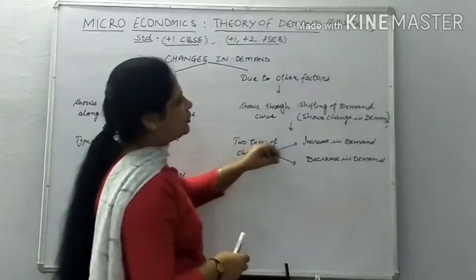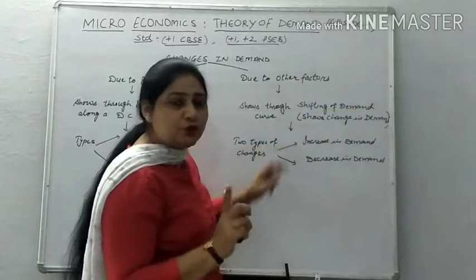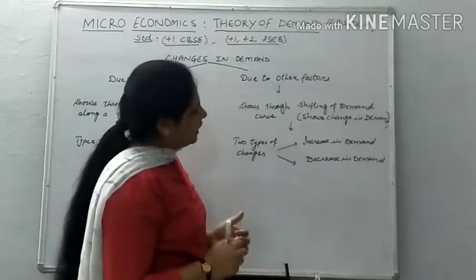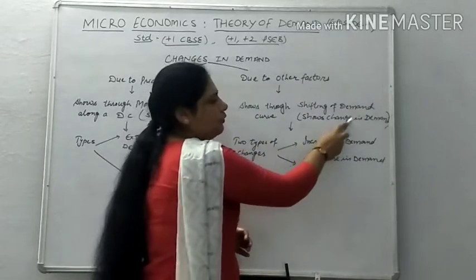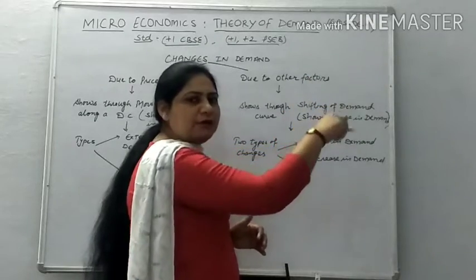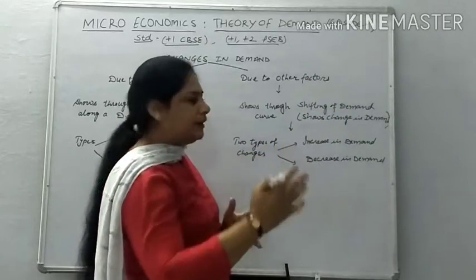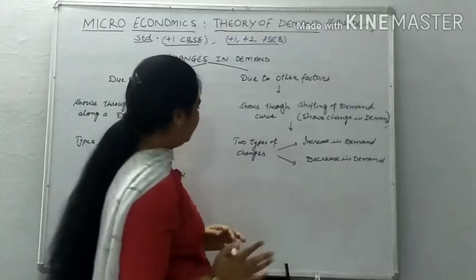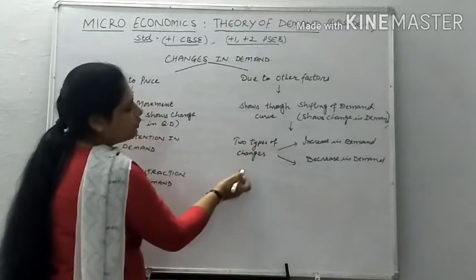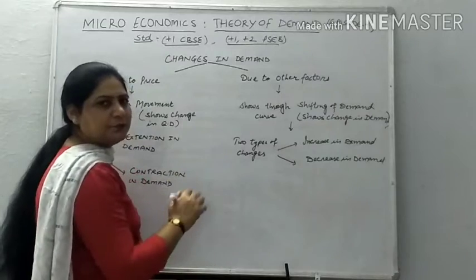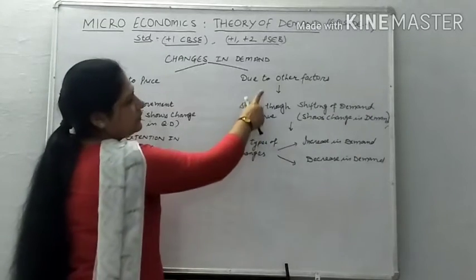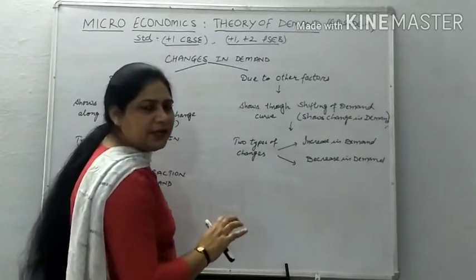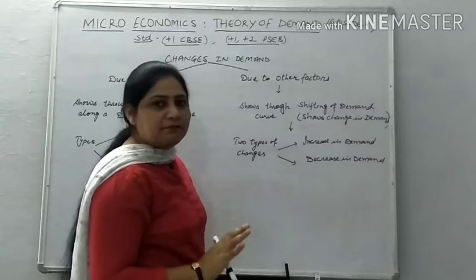If there is a change in other factors, not due to price, we can show it through the same curve but with shifting of the demand curve, which I will represent in a figure again. There are two types of changes, students, when other factors are affecting demand and the price is the same.